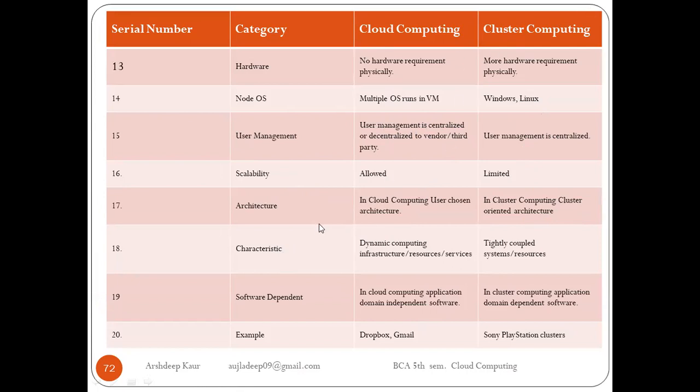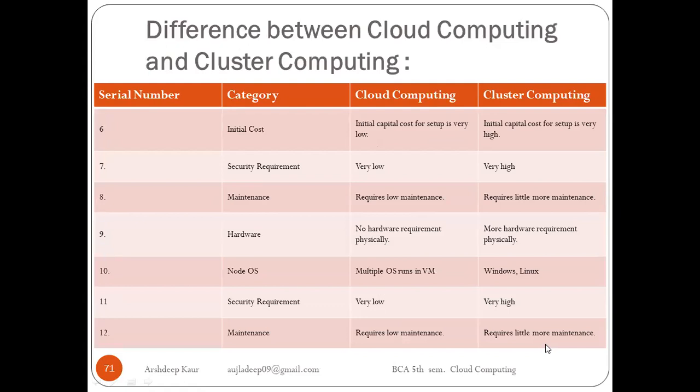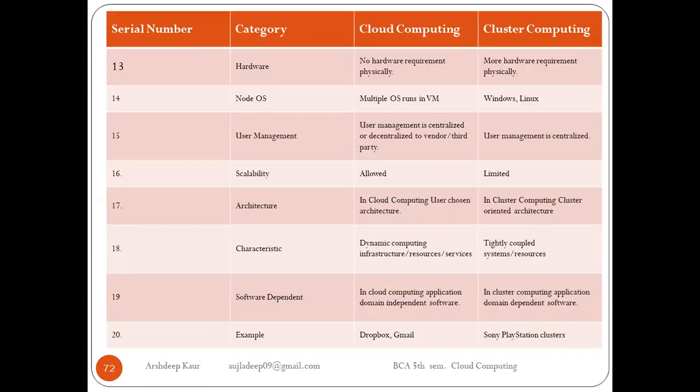Characteristics: cloud performs dynamic computing of infrastructure, resources and services. In cluster, all the components are tightly coupled. Software dependent: all components are independent in cloud and dependent in cluster. Examples: Dropbox and Gmail for cloud. An example of cluster computing is the Sony PlayStation cluster. So this is the comparison between cloud computing and cluster computing.